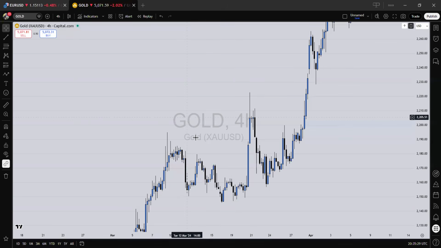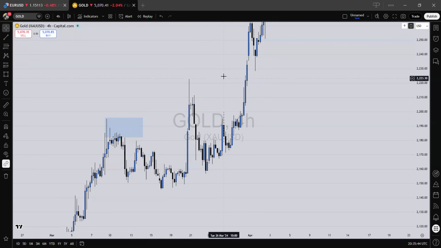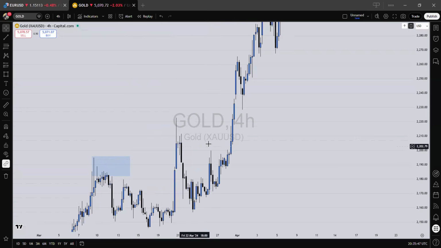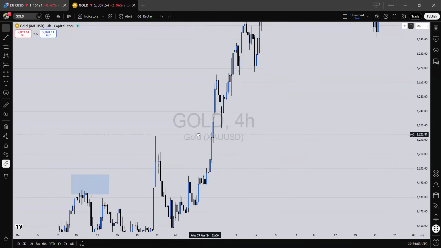All right. So yeah, if you look at this zone that price retraced from, this is 2182. All right, this zone 2182, right? Before price started consolidation here, before price finally took it out to 2200.